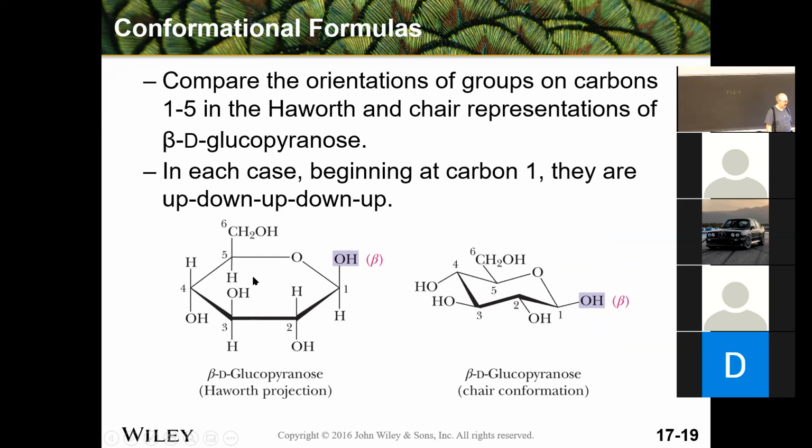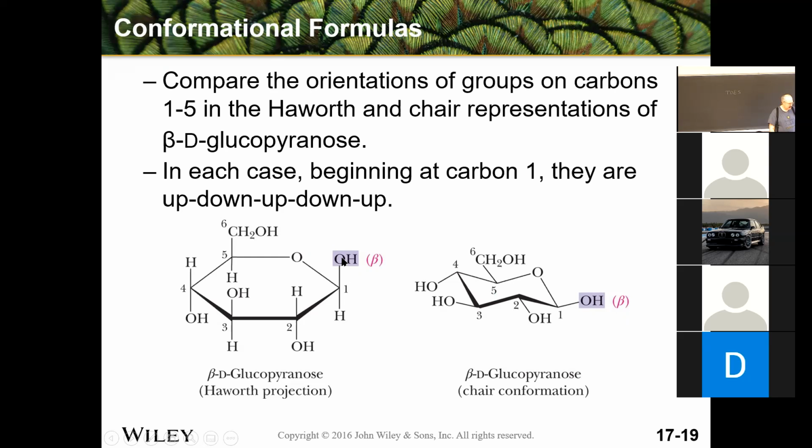So the point of this slide is that the planar hexagon doesn't actually accurately represent the shape of the molecule. So here's the Haworth and here's the chair. In glucose, or glucopyranose, I should say, for the beta form, notice the OHs are alternating.